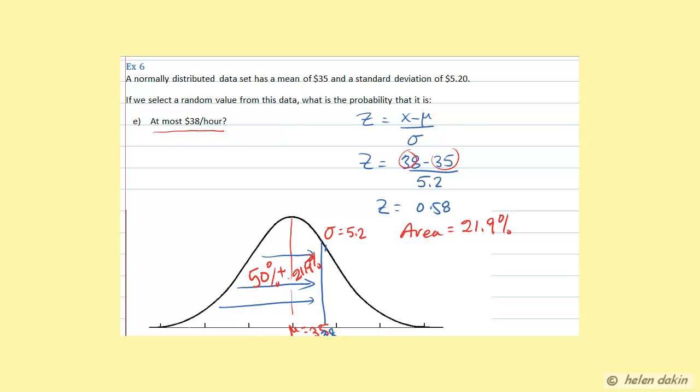So using the notation, the probability that the X value is less than or equal to $38 per hour is going to be equal to 50% plus the 21.9%, and so that gives me a grand total of 71.9%. So 71% of the samples, the values that we draw from this data, will have a value that is no more than $38 per hour.